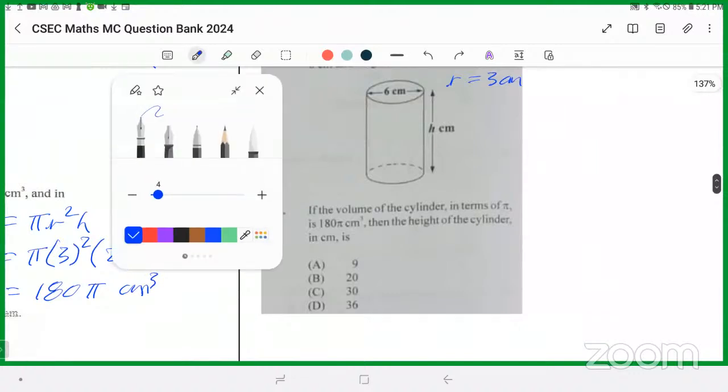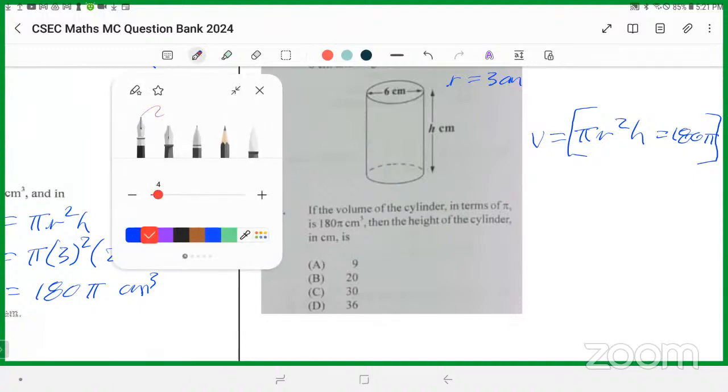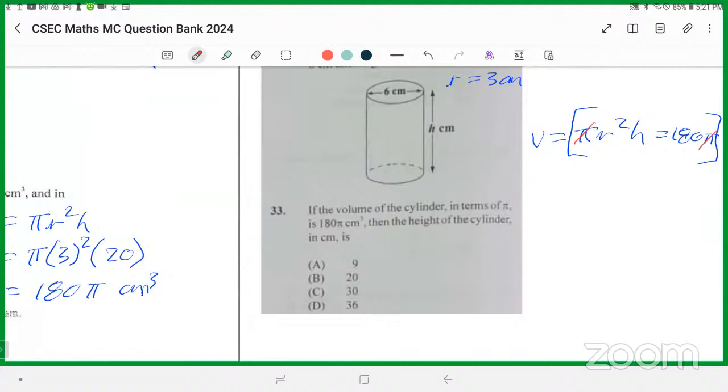We know again that the volume is still pi r squared h, but we know that this is equal to 180 pi, and the radius is still 3. So we're really working out this part here. The pi on the left side cancels the pi on the right side. We want to find h, remember?